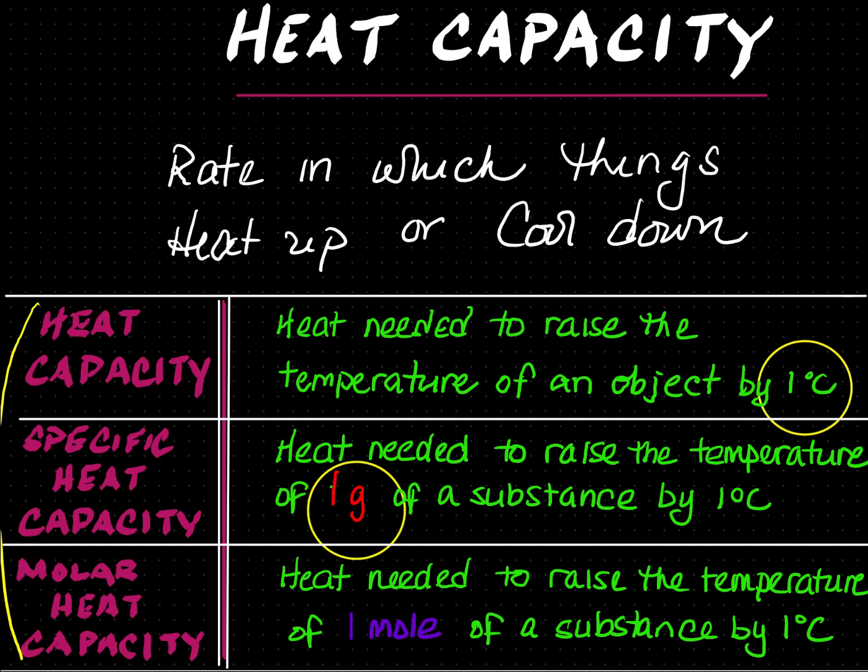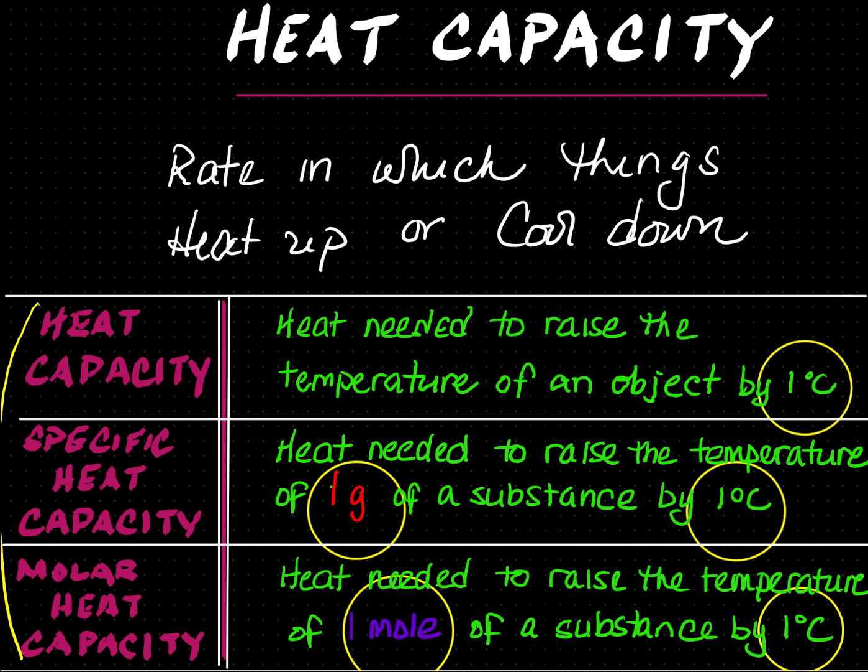So it is the heat needed to raise the temperature of 1 gram of a substance 1 degree Celsius. Molar heat capacity is the heat needed to raise the temperature of 1 mole of a substance 1 degree Celsius. So they all change the temperature by 1 degree Celsius.